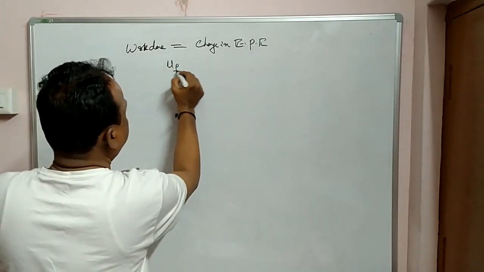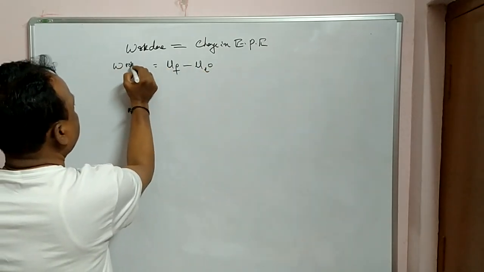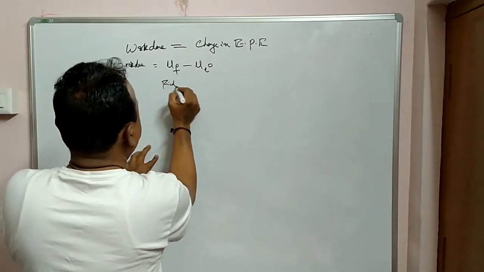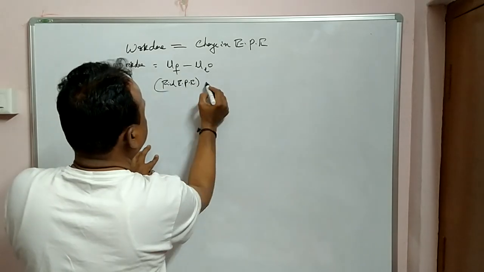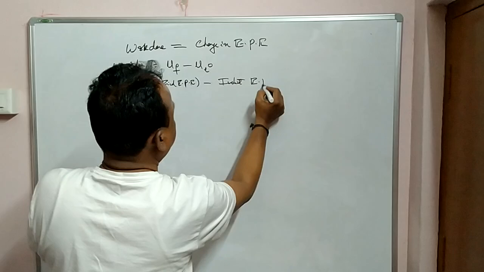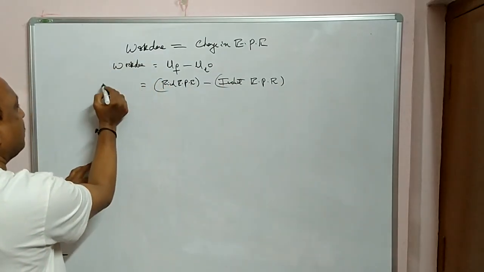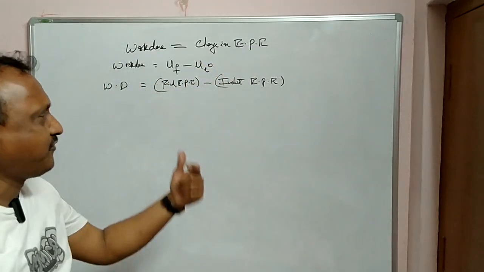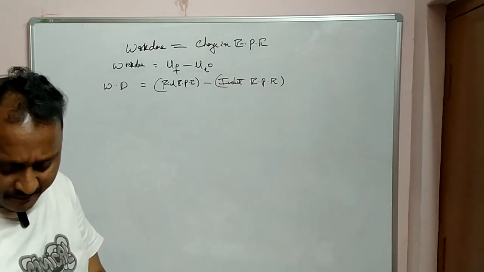This is got by U final minus U initial is equal to work done: final electrostatic potential energy minus initial electrostatic potential energy. The difference in this is equal to work done. That is called the change in electrostatic potential energy.